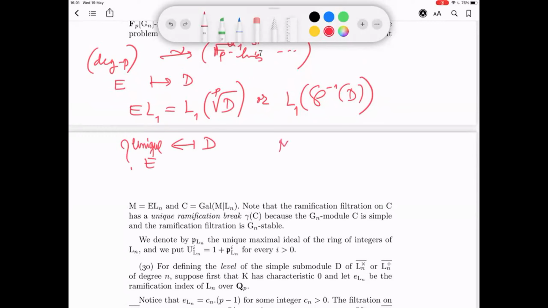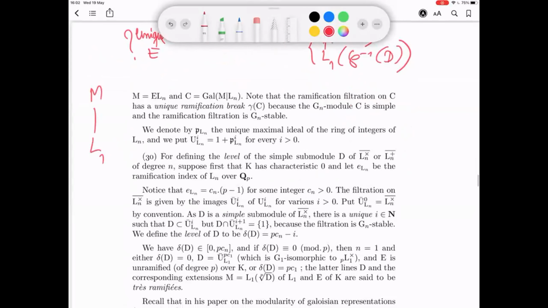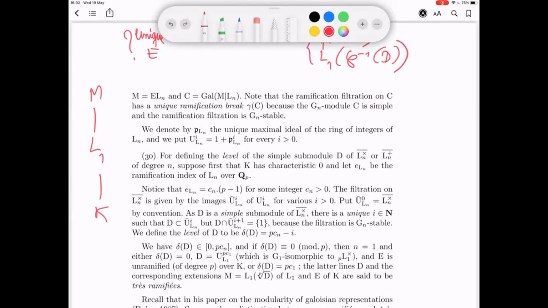With this D, you can produce M, which is L1 to which you adjoin pth roots of D, or P inverse D. So now you've got M, you've got L1 here, and you've got K here. What you want is an E somewhere here, such that M is equal to E L1. That's what you want.